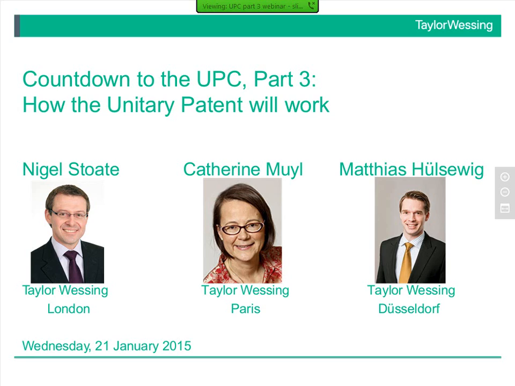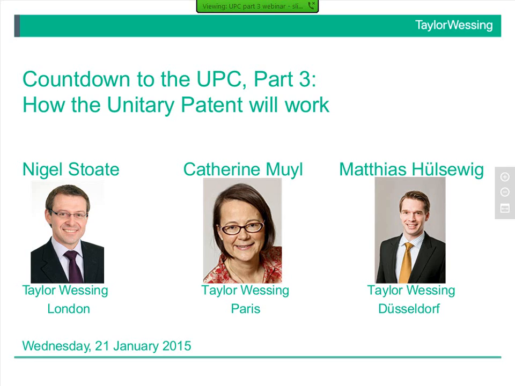So far in our countdown to the UPC series, we have discussed opt-out and the transitional period, as well as the place that the UPC will occupy in the wider European patent system of national courts, EPO, and Court of Justice of the European Union. We would now like to start focusing on the court itself, and of course the unitary patent, which is such a large component of the new system.